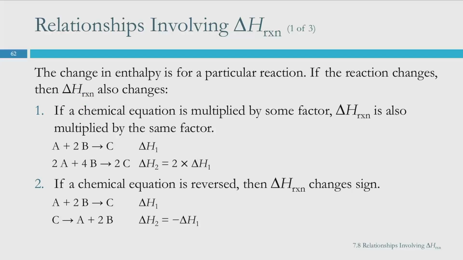So there's 3 primary things that we're going to do. 2 of them are here. The next one we'll see on the following slide. So if a chemical equation is multiplied by some factor, for example, if we double the coefficients, then our change in enthalpy of the reaction is also multiplied by the same factor.